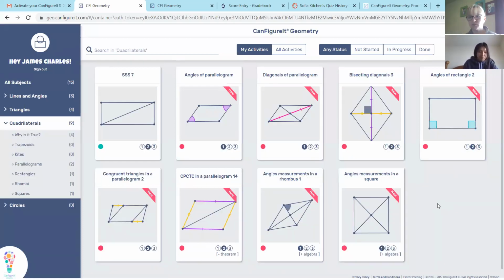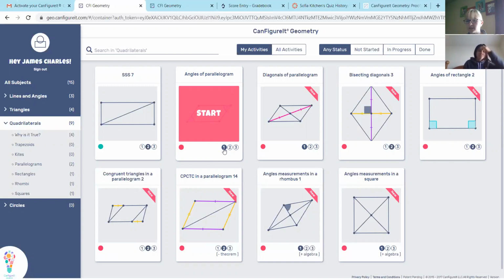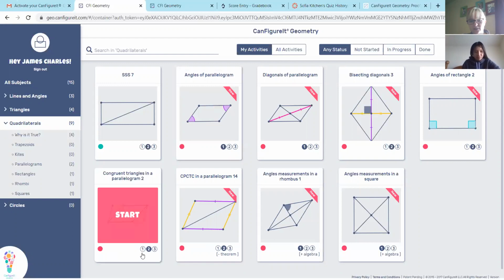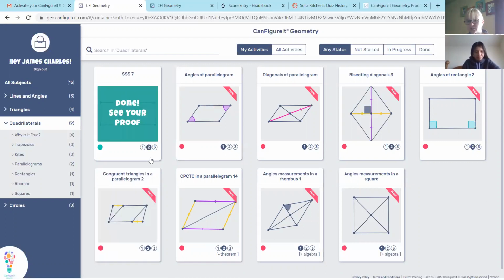So pick one. Doesn't matter to me. Angles of a parallelogram, this one? Yeah. Okay, so the other thing that will help you is that this is a level 1 proof, so this is going to be another one that's pretty easy like the one we just did. And then on these level 2s, you're going to have some extra steps in there.